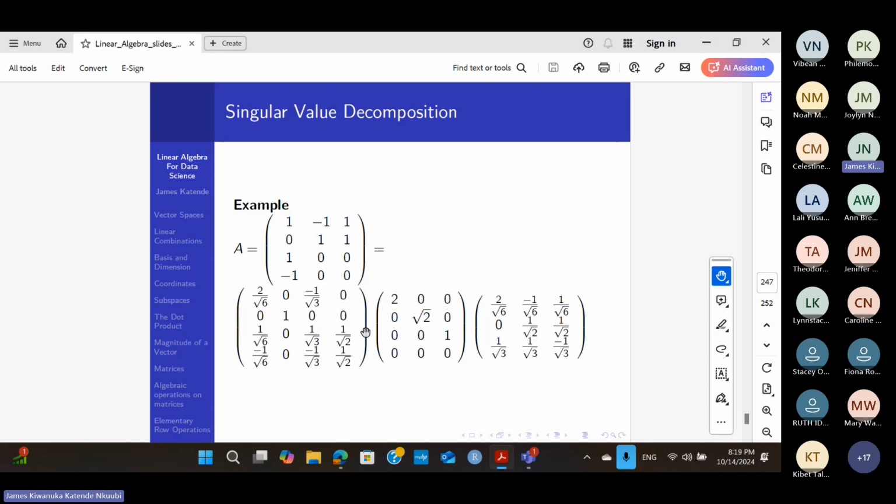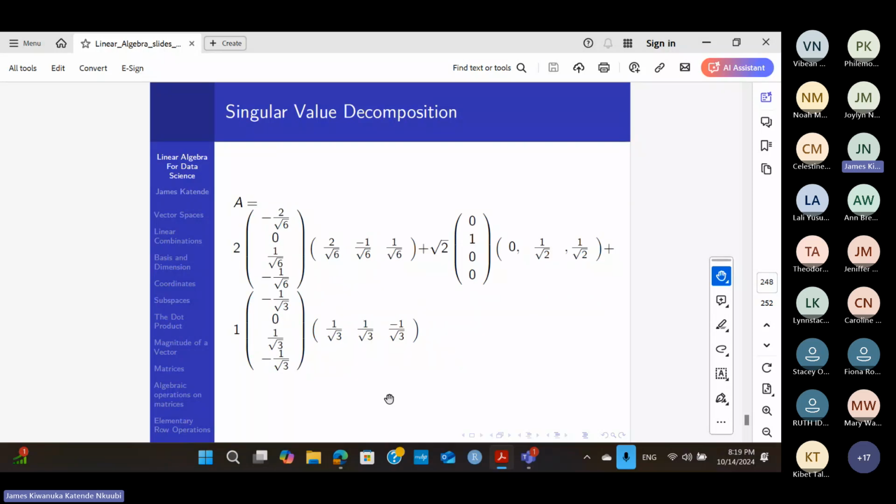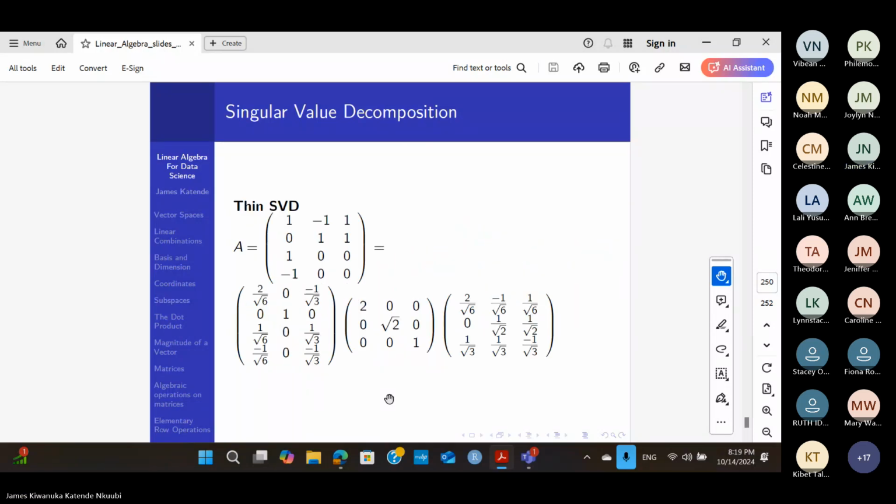So this last column is actually in the kernel, so it's mapped to 0. So you can drop this column. You can also drop this row, and all will still be fine. Then you get the thin decomposition.